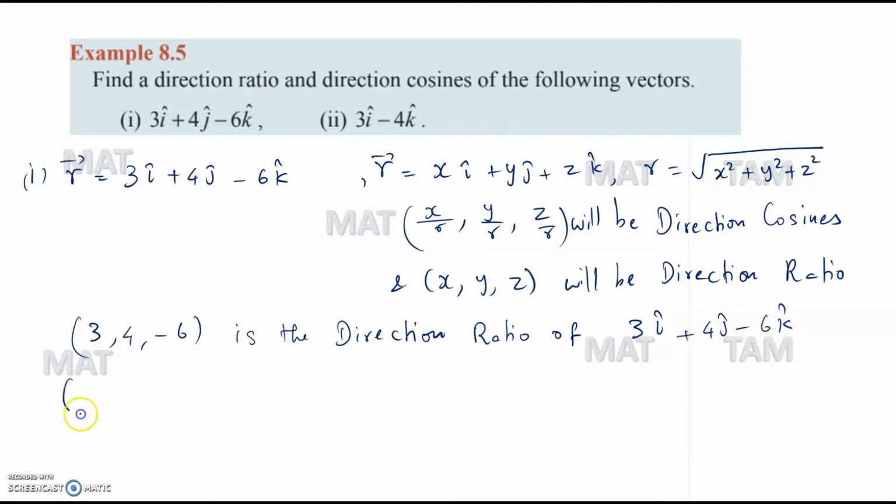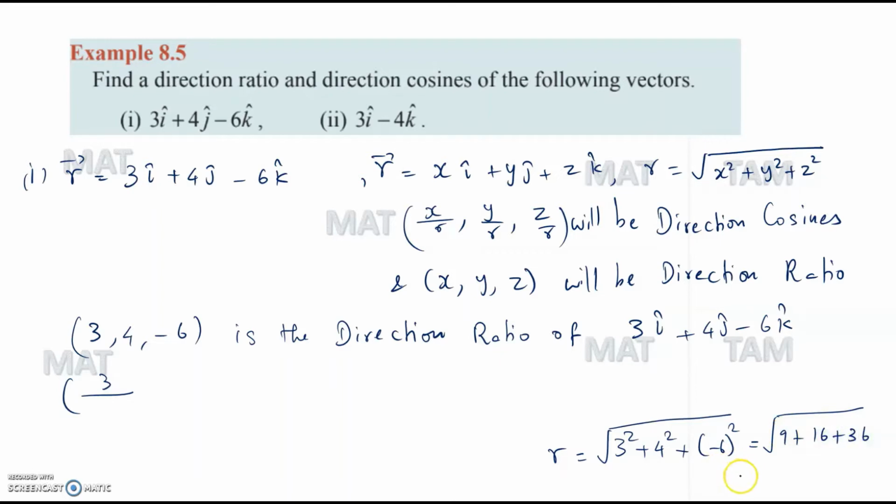Similarly, let's quickly calculate our r. R will be equal to square root of 3 squared plus 4 squared plus minus 6 squared. That's equal to square root of 9 plus 16 plus 36, which is equal to square root of 61.